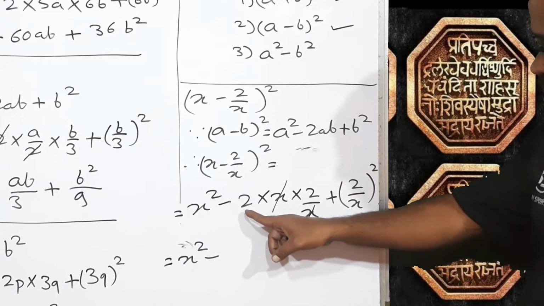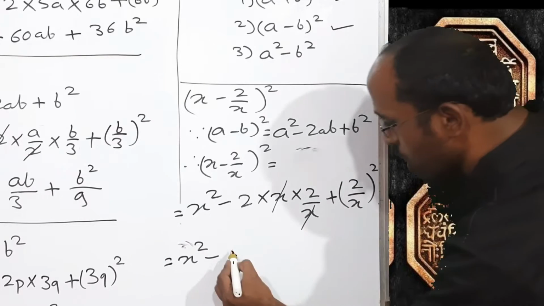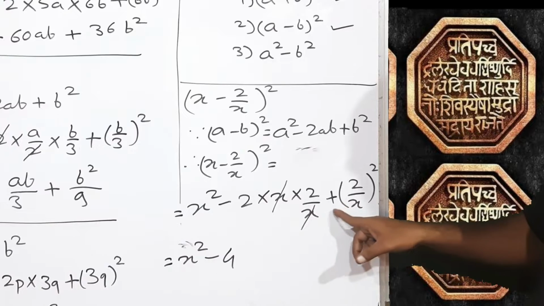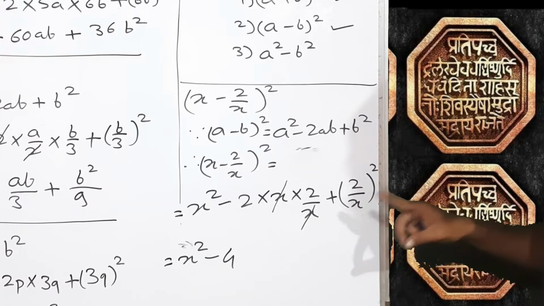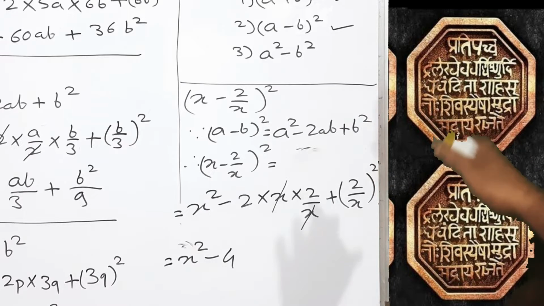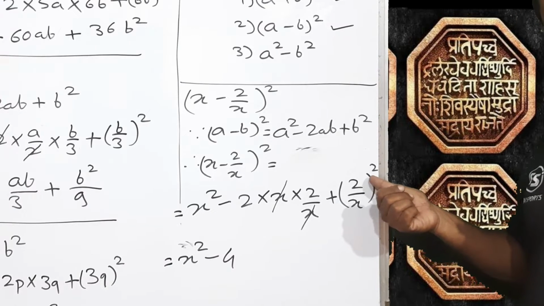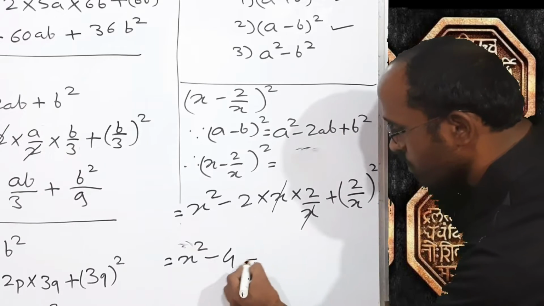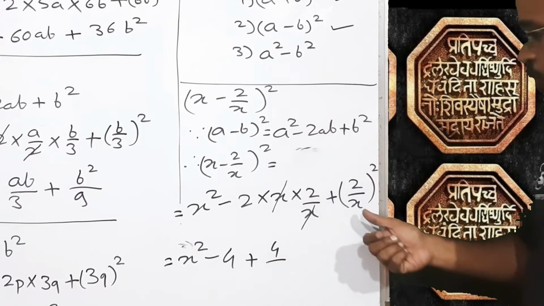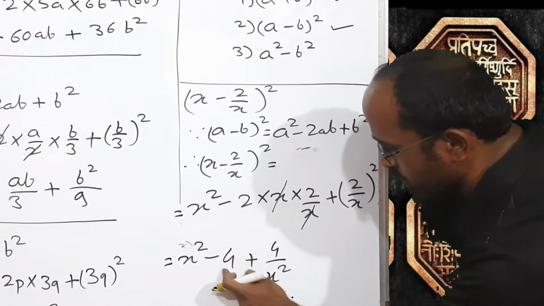So what remained? 2 multiplied by 2 at the numerator, so 2 2s are 4, plus 2 upon x square. Squaring a fraction means we have to square the numerator also and the denominator also. So square of the numerator, square of 2 is 4, plus 4 upon square of the denominator, square of x is x square. See, all of the terms are unlike.